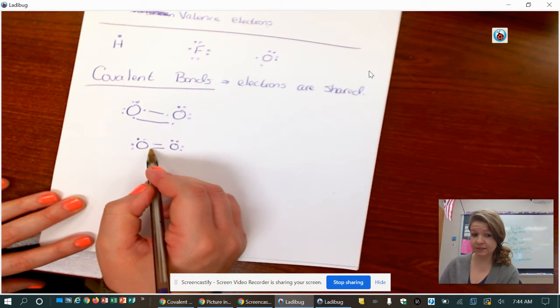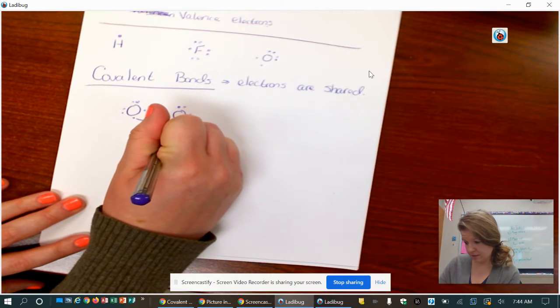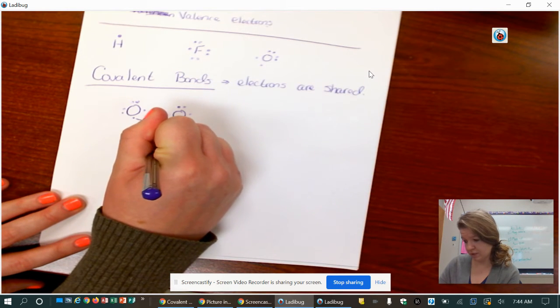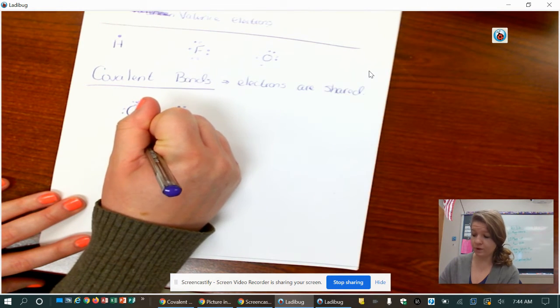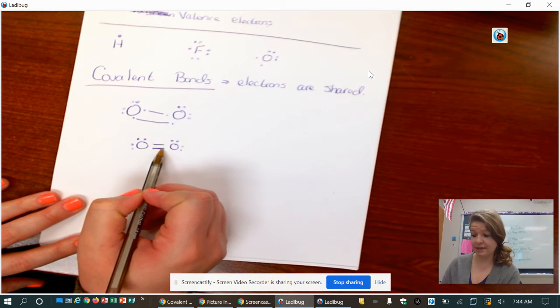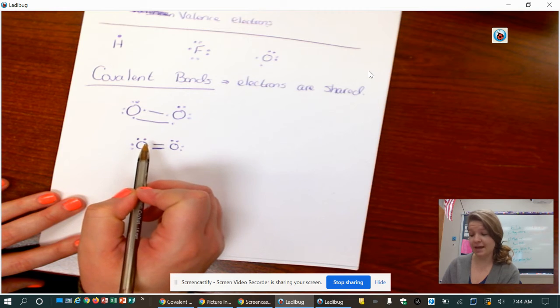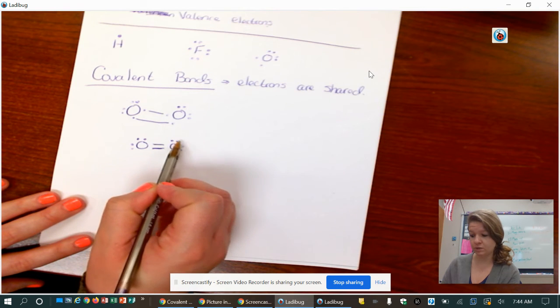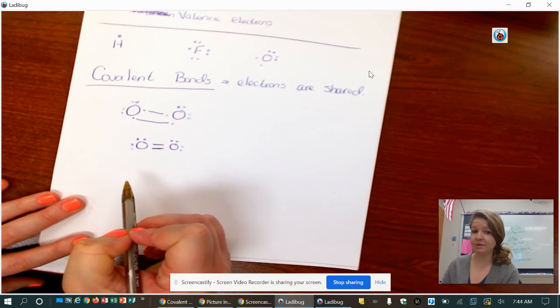Here's 5, 6 for that bond, but when we have that bond together, this actually represents 2 electrons. So do we have a full octet? 1, 2, 3, 4, 5, 6, and the shared 7, 8. So this atom of oxygen is happy. Let's try this one. 1, 2, 3, 4, 5, 6, 7, 8. This one is happy too.